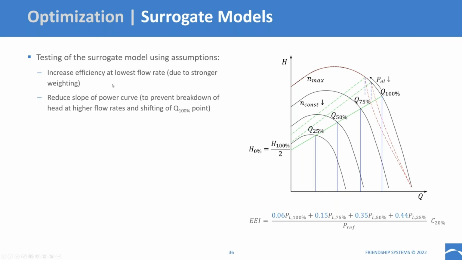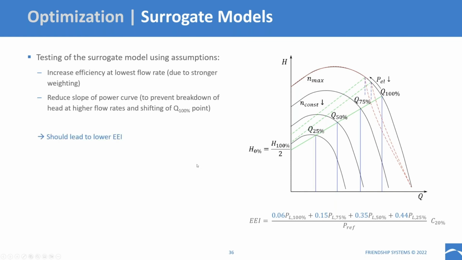So the lowest flow rates are important, and we would like to increase the efficiency there. And also we would like to try to reduce the slope of the power curve, so to reduce the power requirements at high flow rates, and basically prevent this kind of breakdown of head that Tony also showed if we have a motor that hasn't enough power.